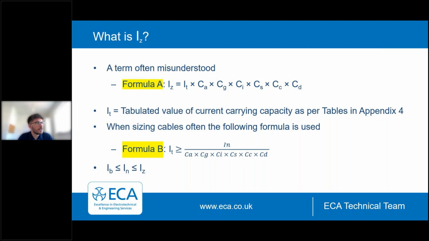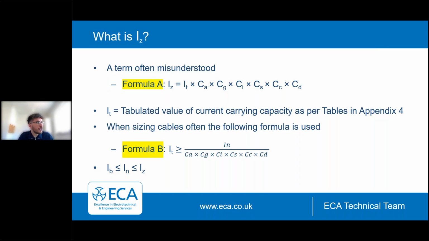So what does that really mean? Well, it's based on many things. It takes into account how the cable's installed, so that could be the installation reference method, whether it's single phase or three phase, and then also any factors that will affect its current carrying capacity.